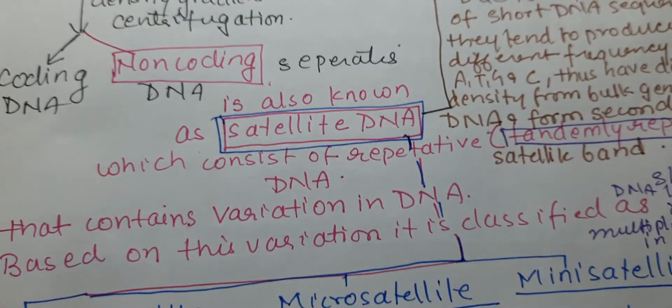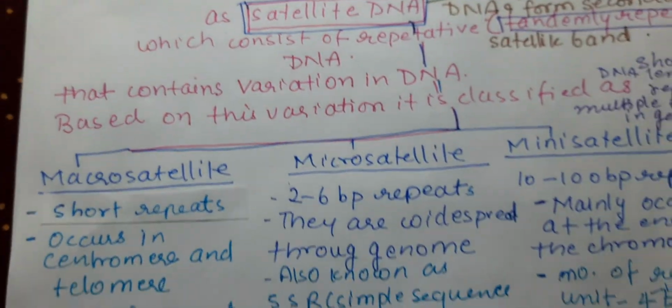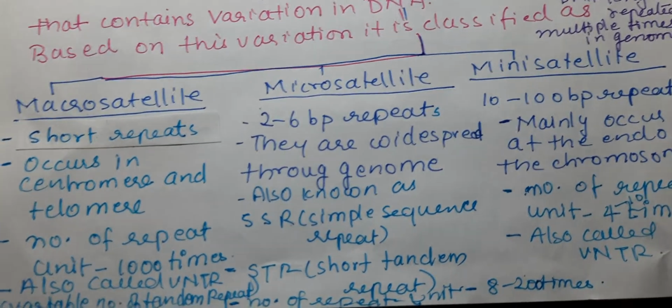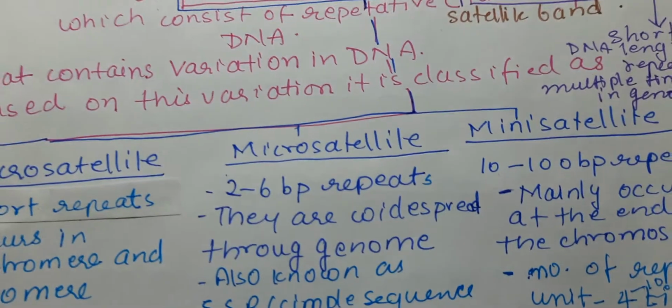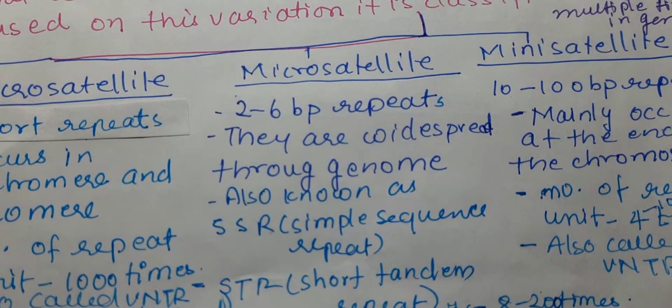Based on this variation, satellite DNA is classified into different categories: macrosatellite, microsatellite and minisatellite.